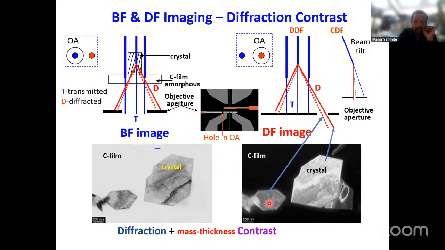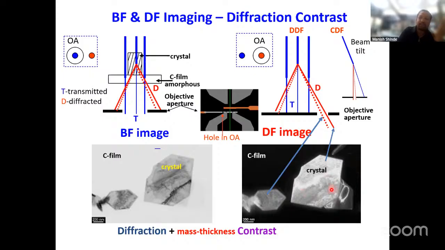Only whenever you have, as I told you, atomic contrast, or your sample contains some materials which have got different atomic numbers, like suppose your sample contains cadmium sulfide and it also contains some lead, in that case you have to do dark field imaging.